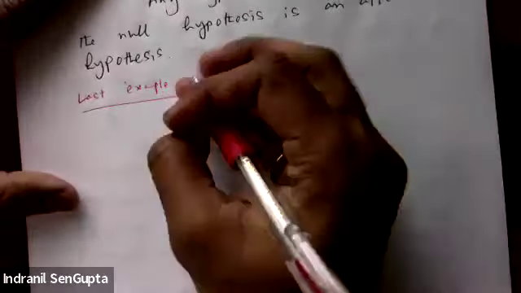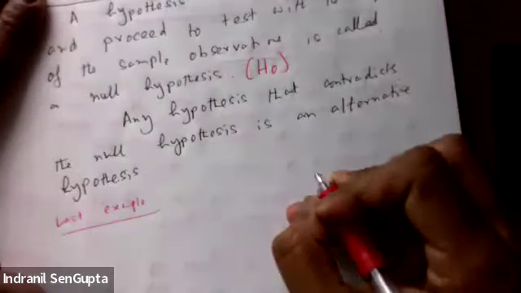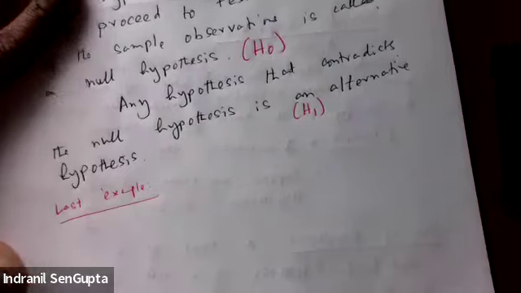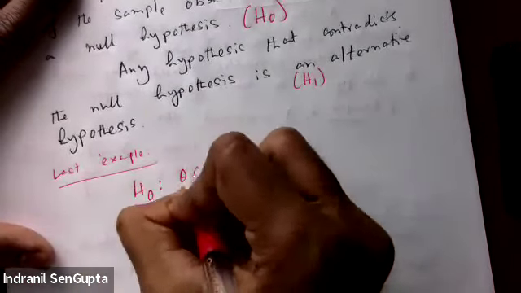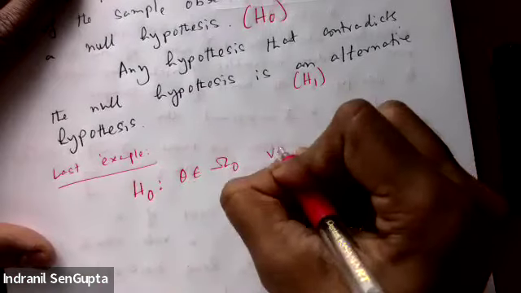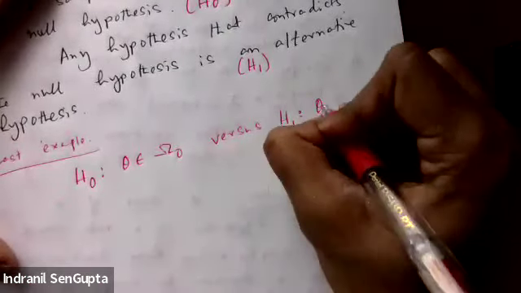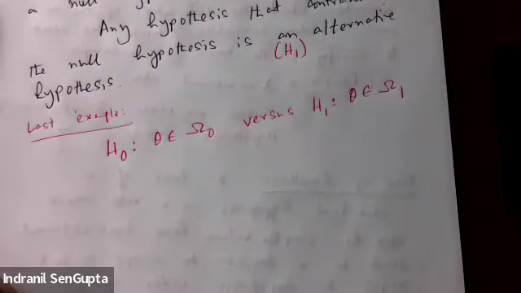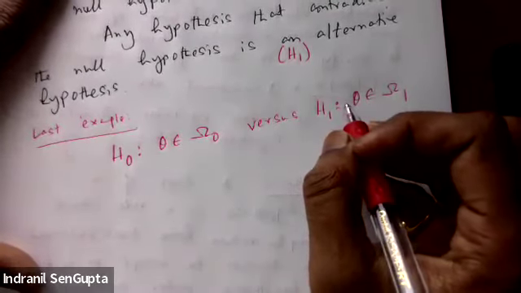The null hypothesis is written as H sub 0, and the alternate hypothesis is written as H sub 1. That's a very universal notation. So H0 is theta in omega sub 0 versus H1 is theta in omega sub 1. For the last example, those are the null hypothesis and alternate hypothesis.